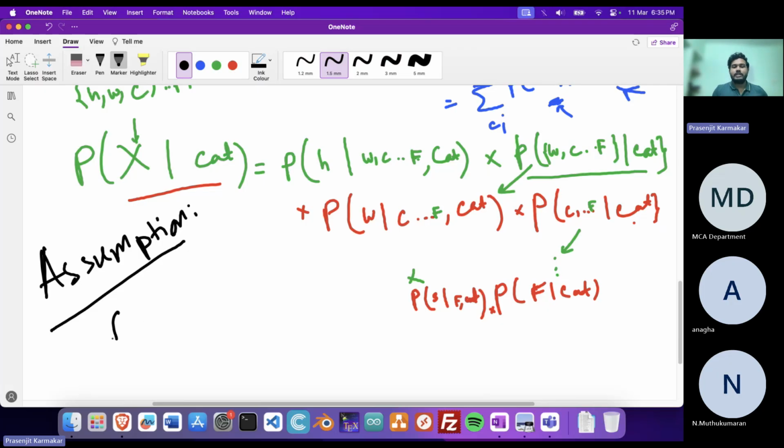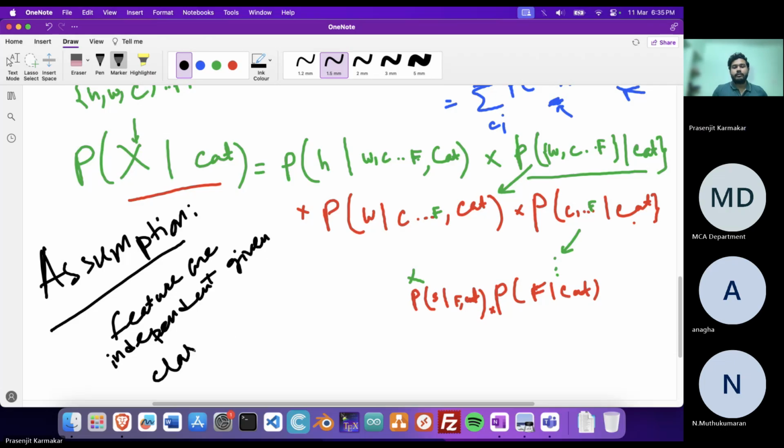My features are independent given class. And this is very, very important. It can be asked in, let's say, MCQs and all. So this is the primary assumption that naive Bayes classifier makes, that my features are independent given the class information.